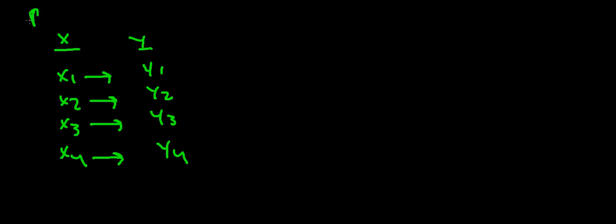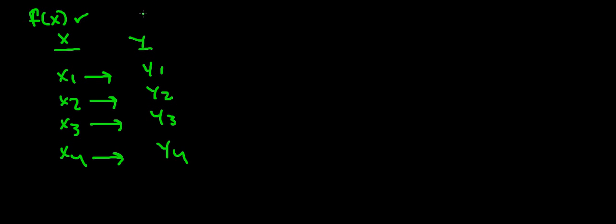If we were talking about a function, is this relationship a function? Remember, in order for a relationship to be a function, each x can only have one y. It doesn't matter if the y value is the same, as long as there's only one y. So this x has one y, this is one-to-one, this is one-to-one, this is one-to-one, one x, one y, one x, one y. So this is a function.